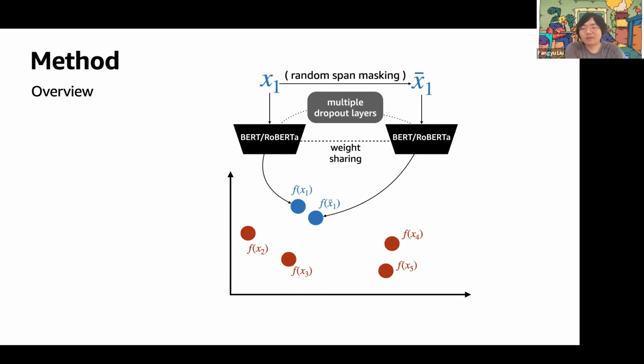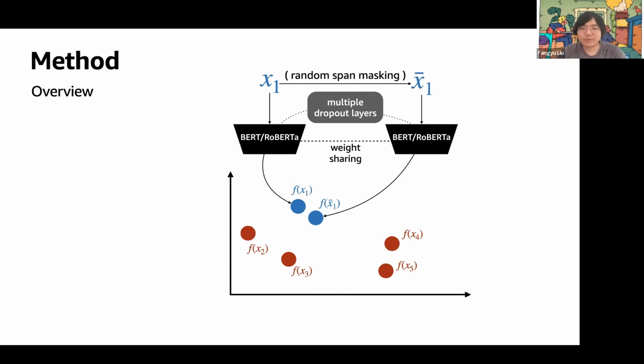Given X1 and X1 bar, we input them to the same BERT model because these two models actually share weights. And there will be multiple dropout layers in the BERT models. So their hidden representations will be slightly altered, and that's independent.